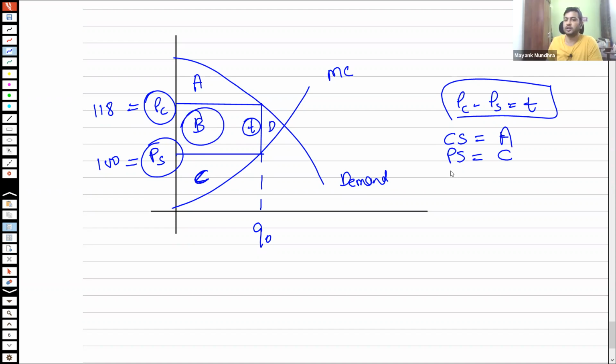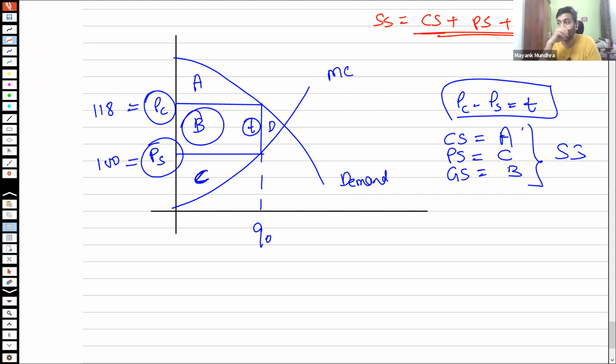So you can call this the government surplus. Okay, so A plus B plus C is the total social surplus. So now the formula for social surplus is consumer surplus plus producer surplus plus government revenue. This is the total formula for social surplus.